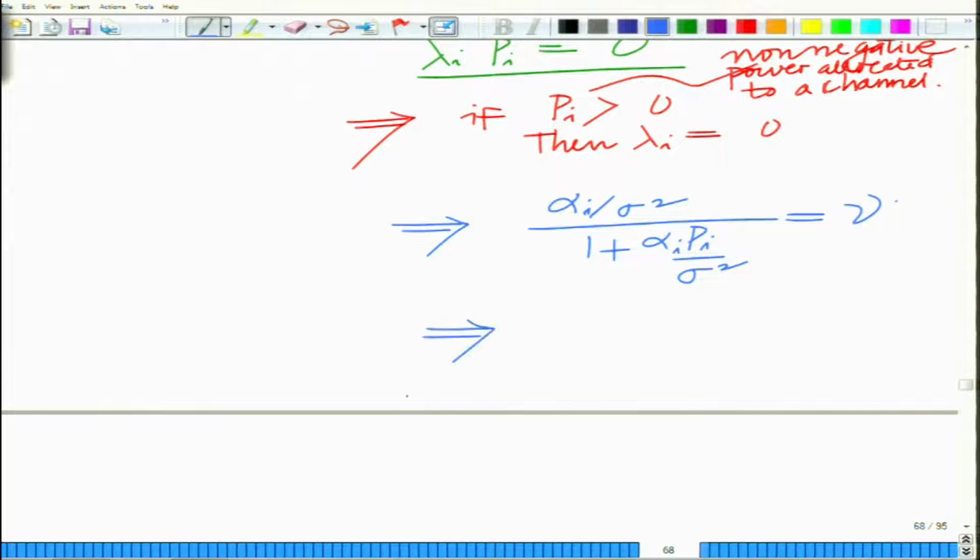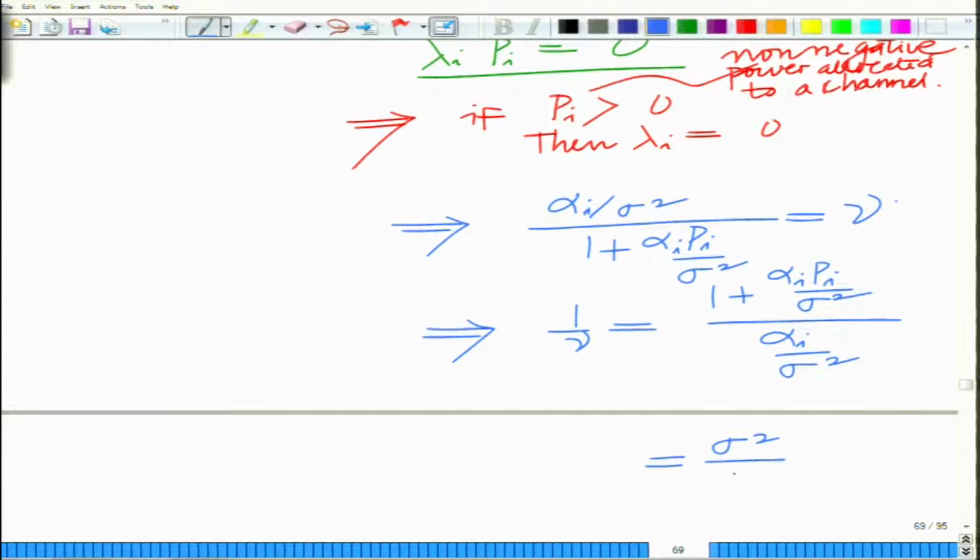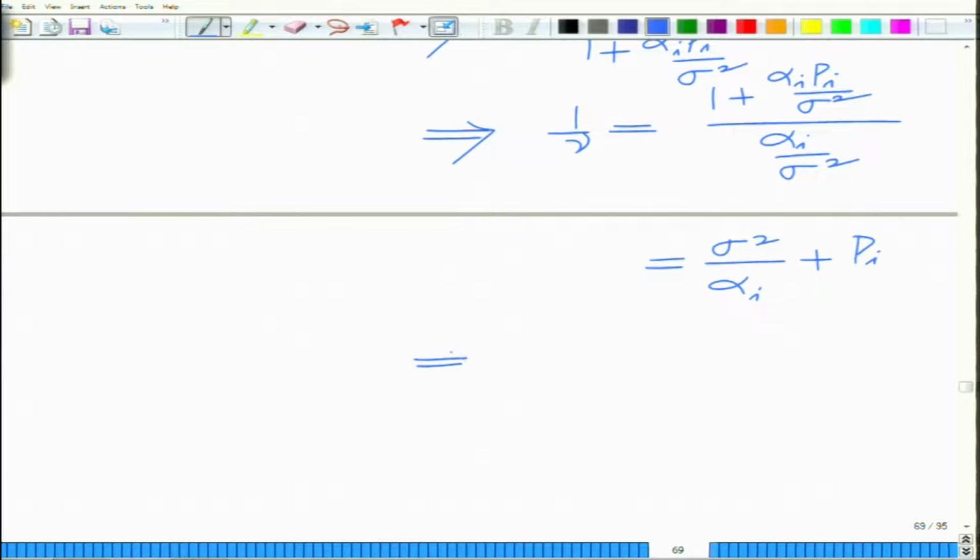Which implies that 1 over nu equals sigma square by alpha i plus Pi, which implies that Pi equals 1 over nu minus sigma square by alpha i.